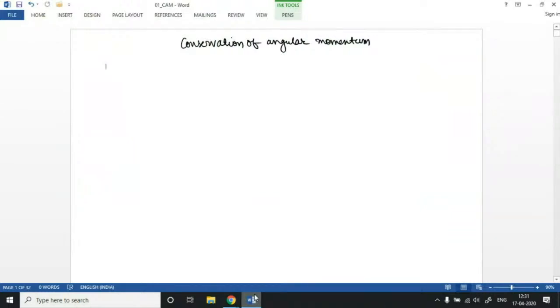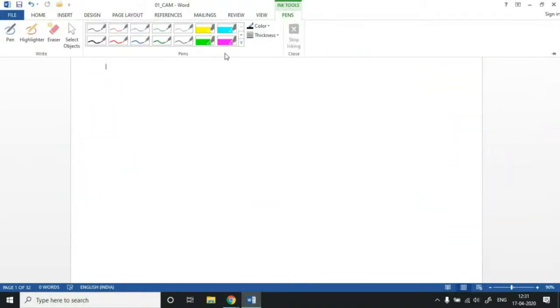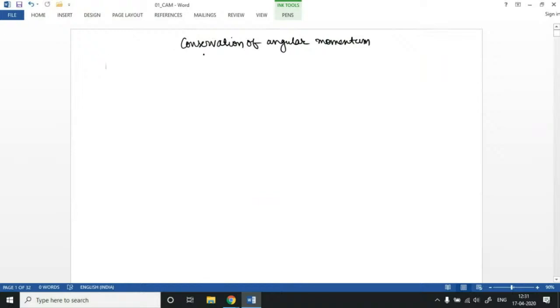So, the principle of conservation of angular momentum. We have already discussed the equation of moments, which was tau net external equal to dL by dt.